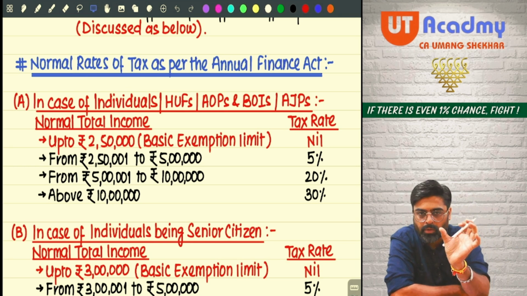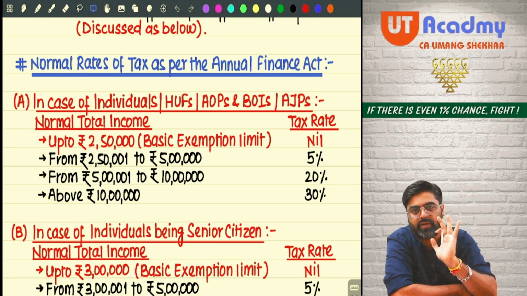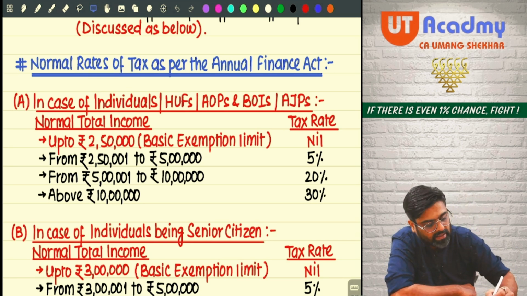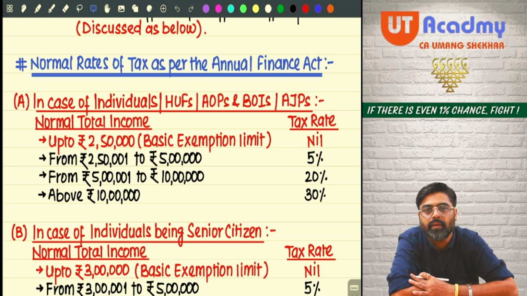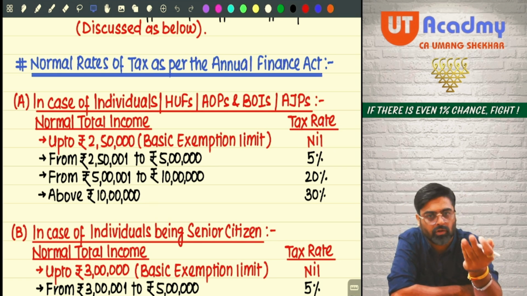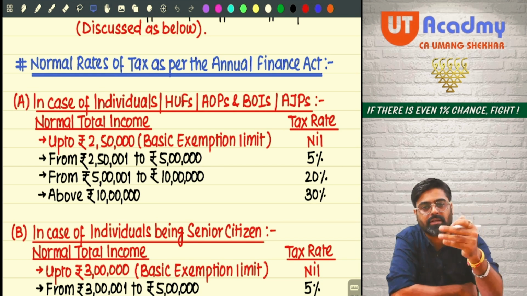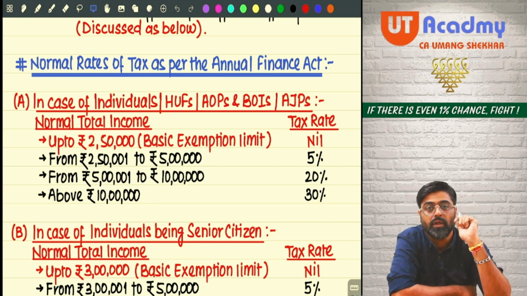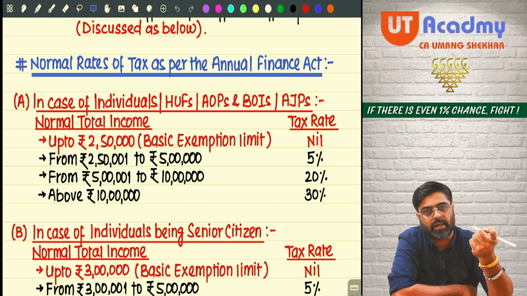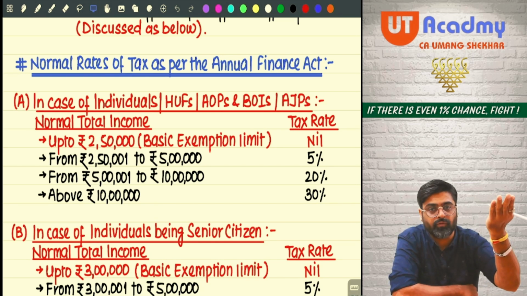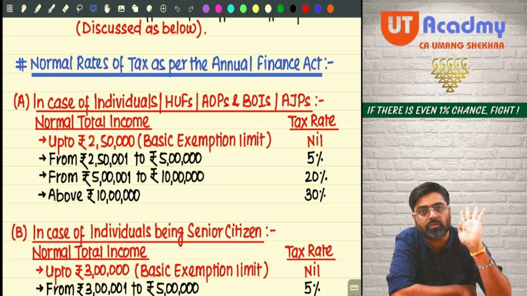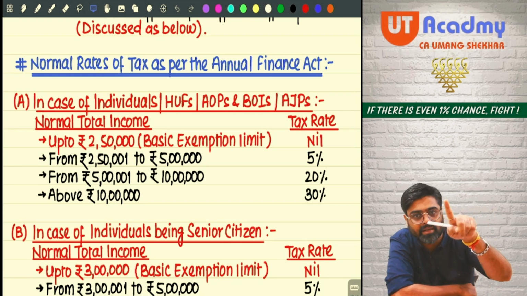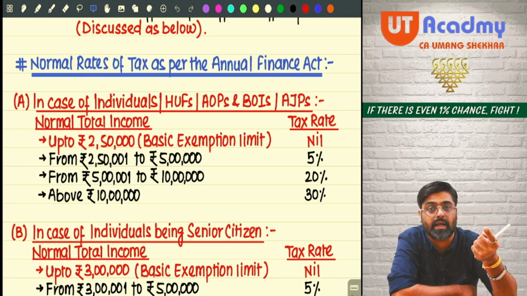Out of the entire normal total income, first 2,50,000, no need to pay any tax. That is your basic exemption limit. Up to the first 2,50,000 of your total income, the government is not charging any tax. Then whatever total income you are earning above 2,50,000 till 5 lakh rupees, on that part of total income, the government will charge 5%.